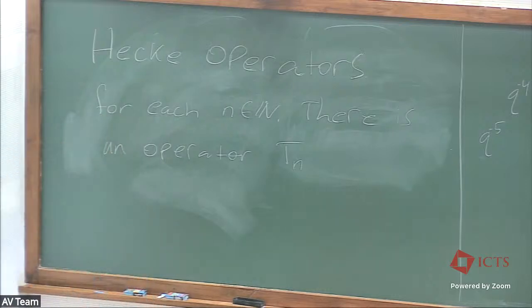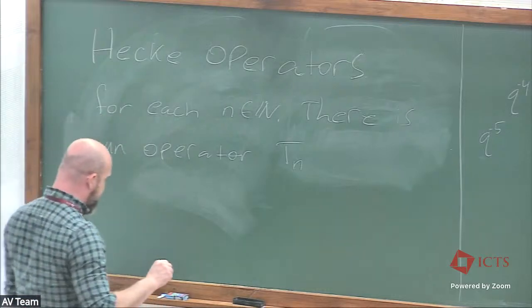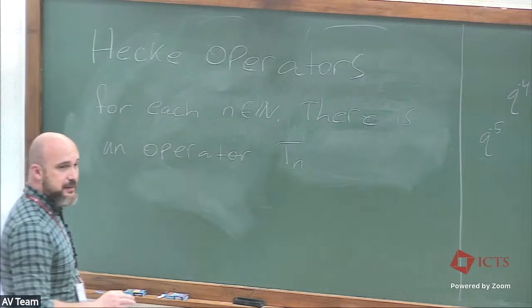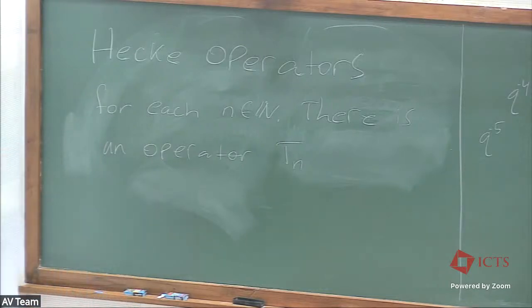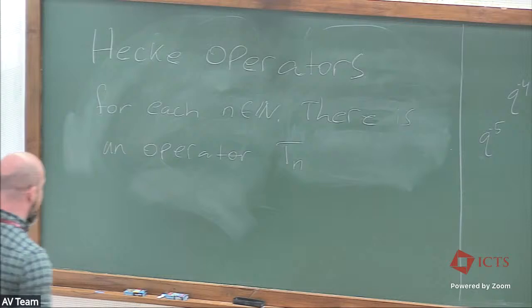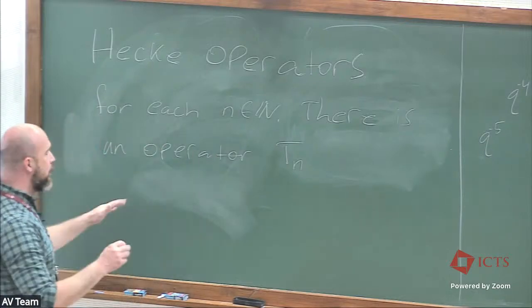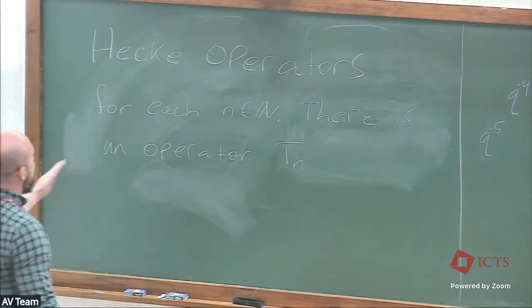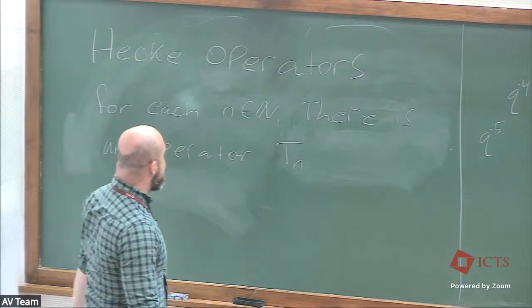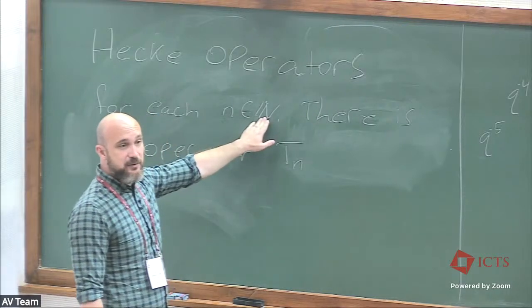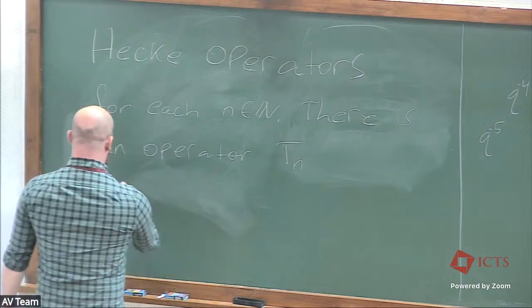I am going to focus on the level 1 case. In a couple of spots, I might talk about how we adapt this to higher level, but right now we're going to really focus on level 1 and not worry about interactions with level. So right now, there is an operator Tn for every n in the natural numbers.